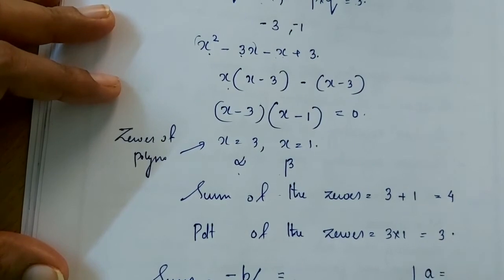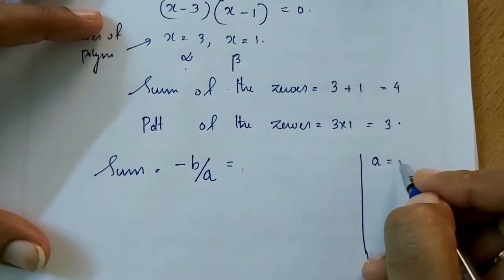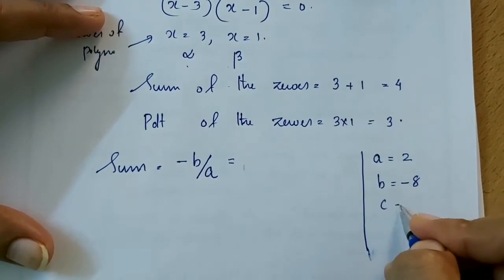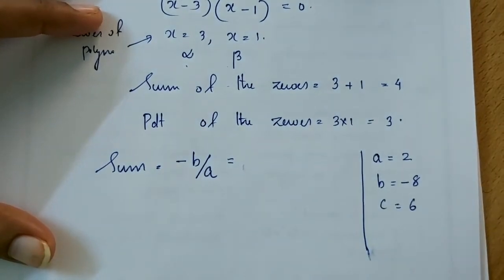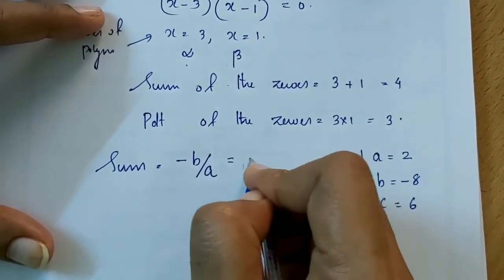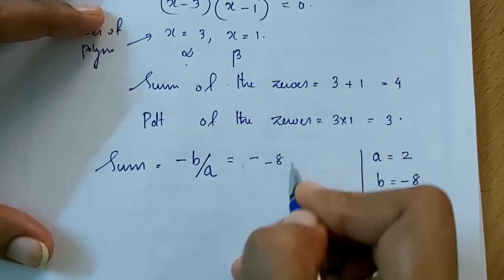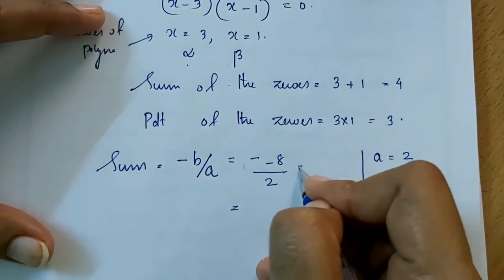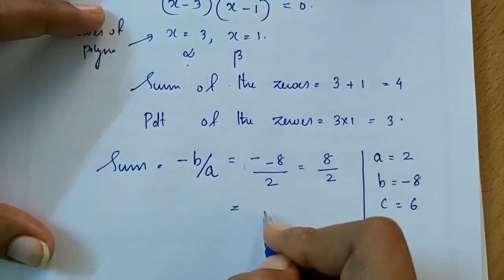So we are taking the values a = 2, b = −8, and c = 6. We are substituting the value in −b/a, that is −(−8)/2, which is equal to 8/2, which is equal to 4.